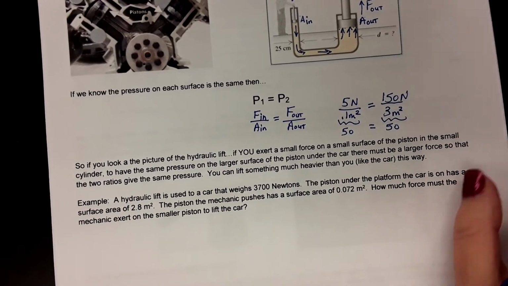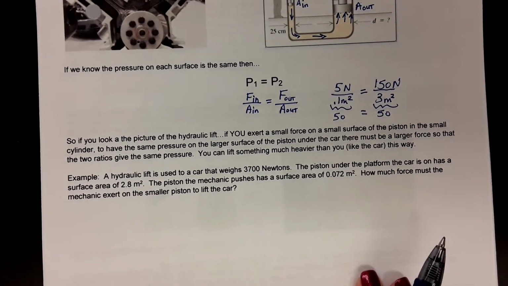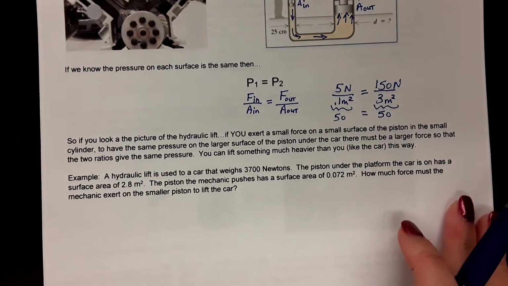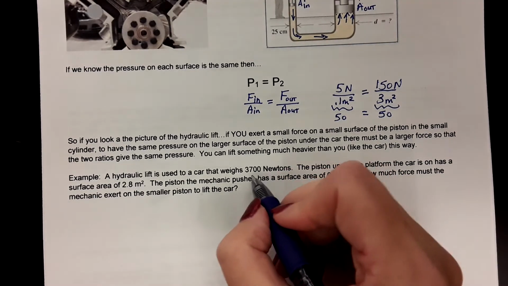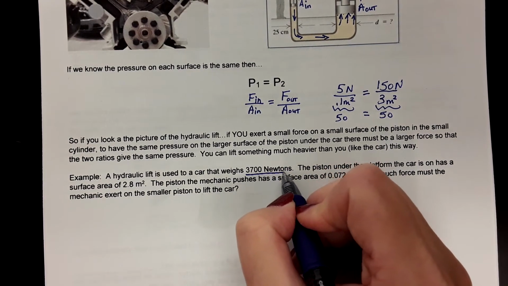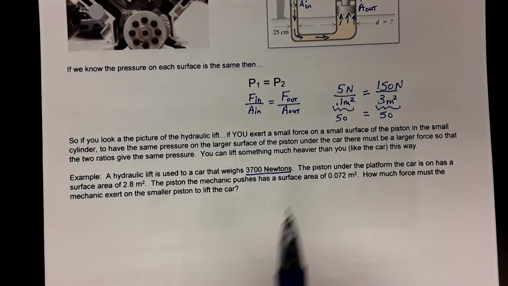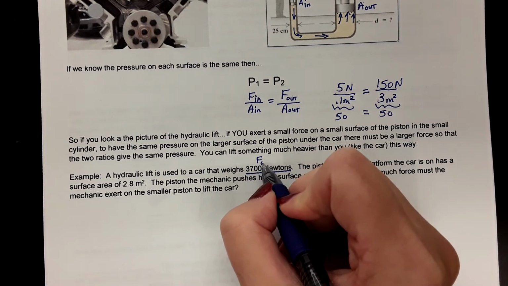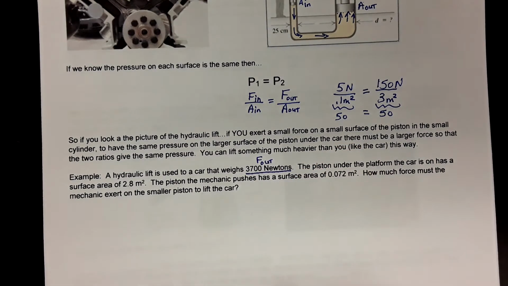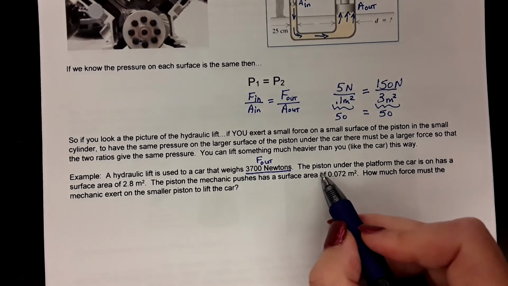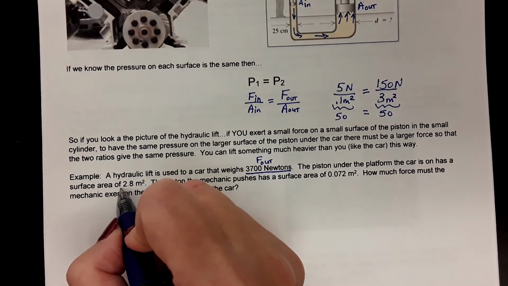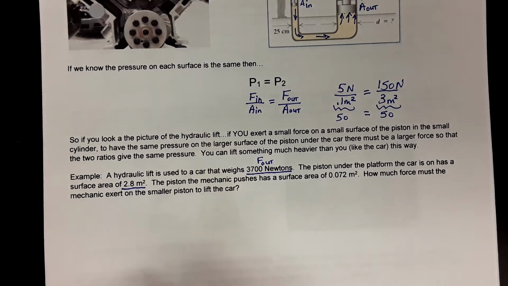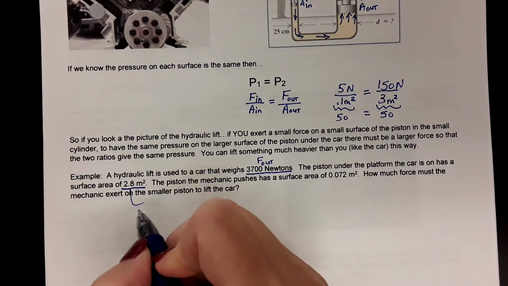Let's look at this. Suppose that you're in a mechanic's garage and you have a car that weighs 3,700 newtons. To lift it up, that means we need an output force of that much. We need to get out this much force from our hydraulic system. Now, the piston under the platform of the car has a size of 2.8 meters squared.